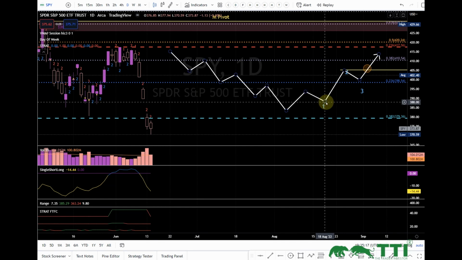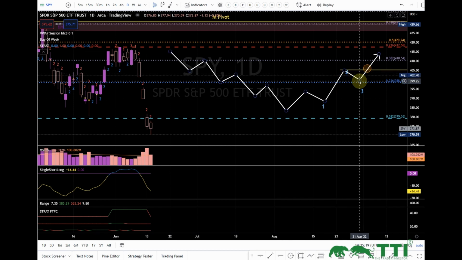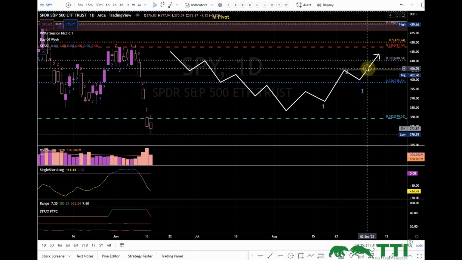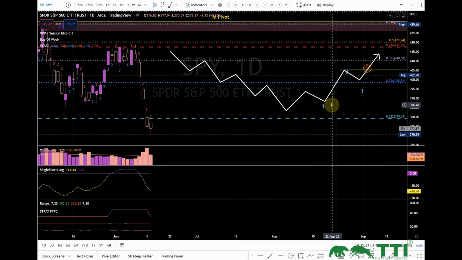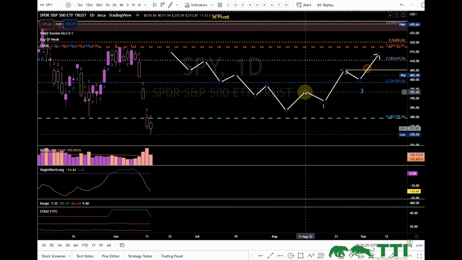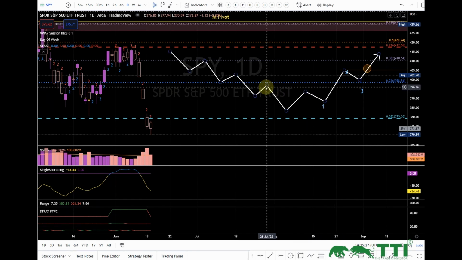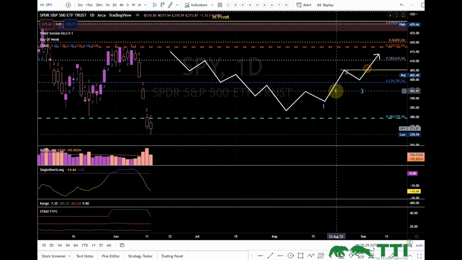So here's your 1, here's your 2, here's your 3, here's your entry. In this scenario, there is no other 1, because this high is lower than this high. So you cannot say, hey, when I break this 1, let me enter. You can, but that's not the high probability entry, if that makes sense, right?